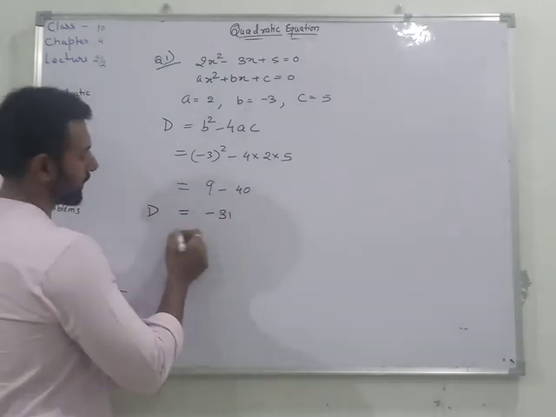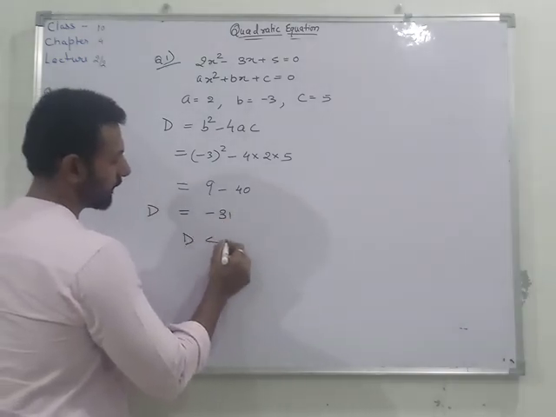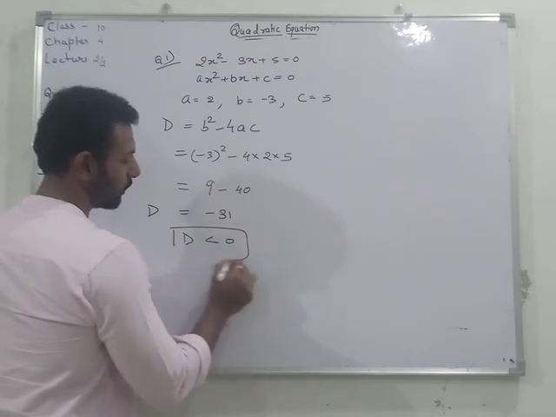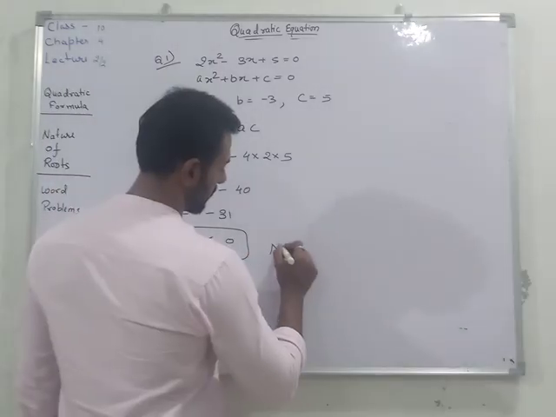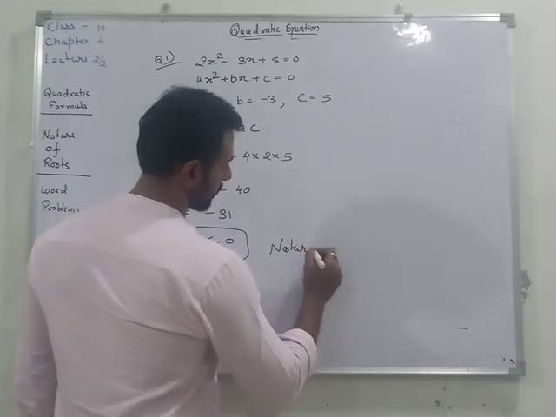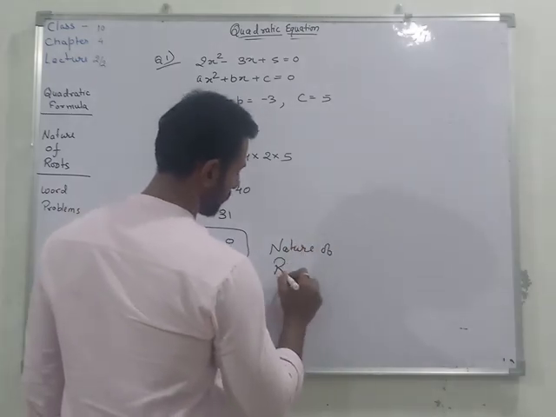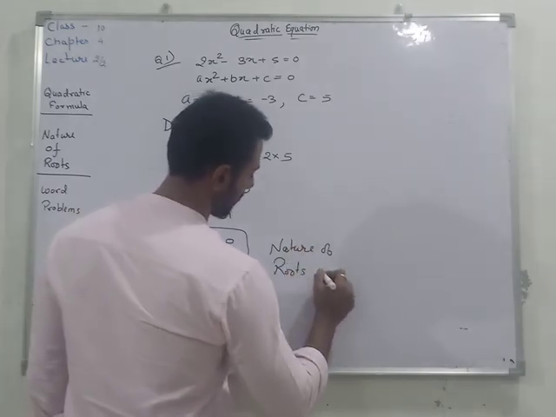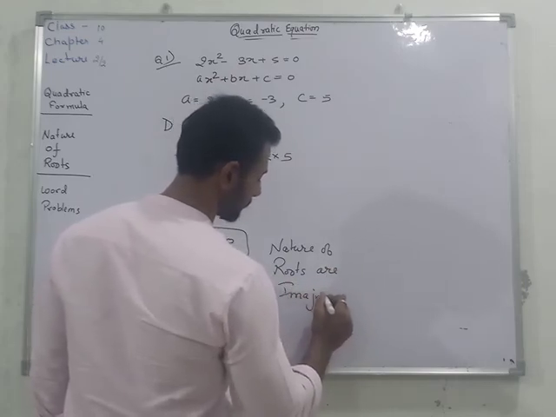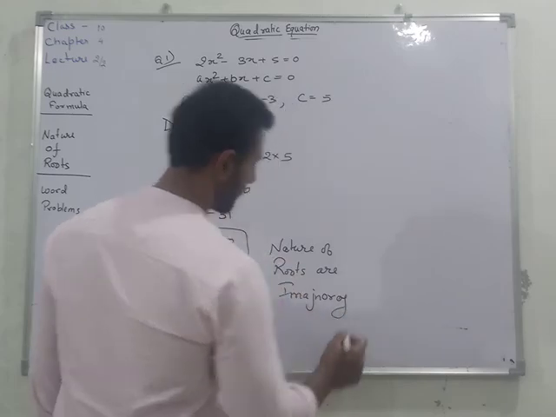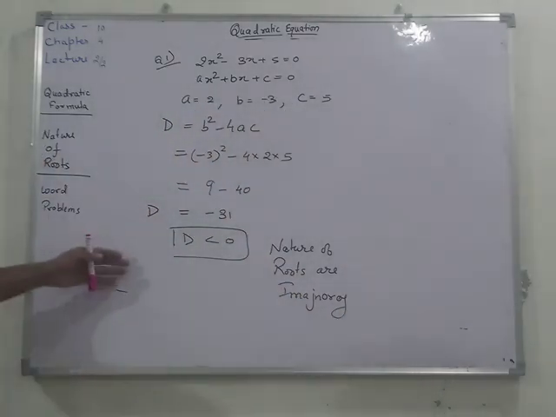D is equal to -31, meaning D is less than 0, a negative value. So the nature of the roots is imaginary. There are no real roots for this given equation.